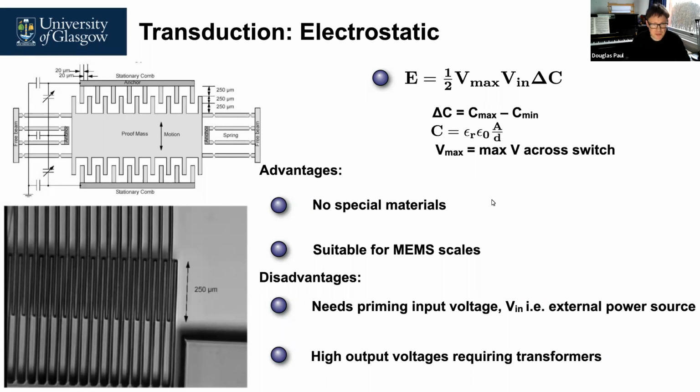For many of the applications, we're talking about tens of volts here. And for consumer electronics and also for health and safety, those things are actually not that useful in some environments. So this is one of the reasons electrostatic is not used for many applications.